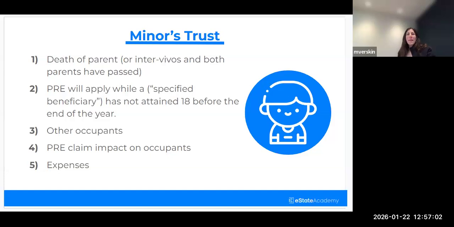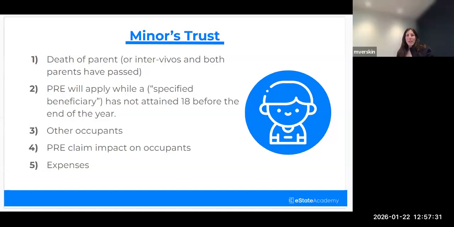Which means that if you maybe have a few siblings and you leave it for all of your children, let's say you have 4 kids, the youngest is still a minor, and they sell, so long as the littlest is part of the trust, you can claim the principal residence exemption. But it does come with the same stickiness that for each of those other kids, if they ordinarily resided in this home, they then cannot use that year to shelter any other property.